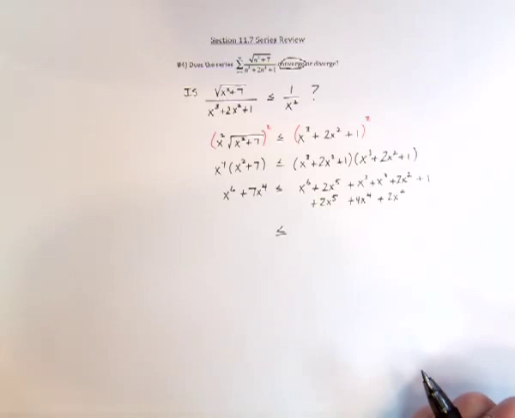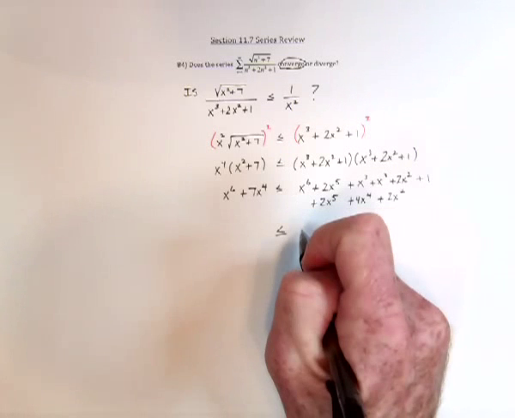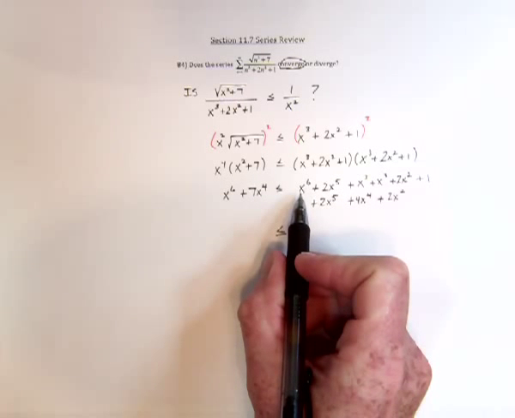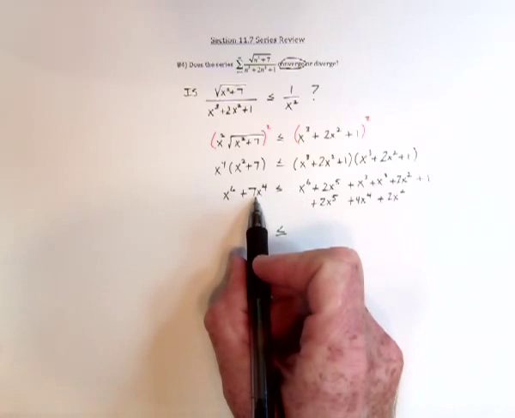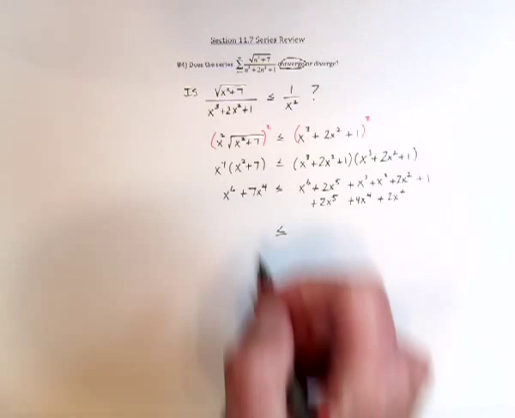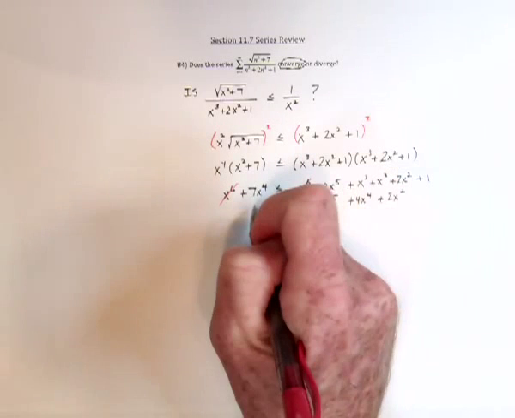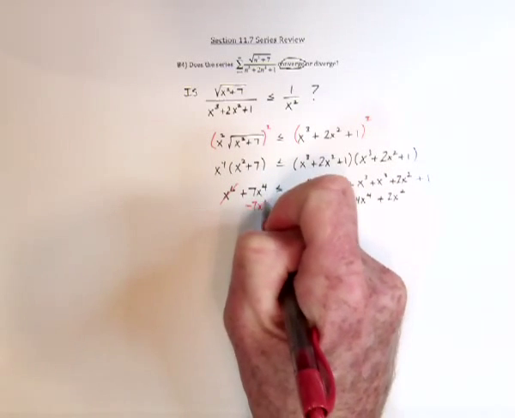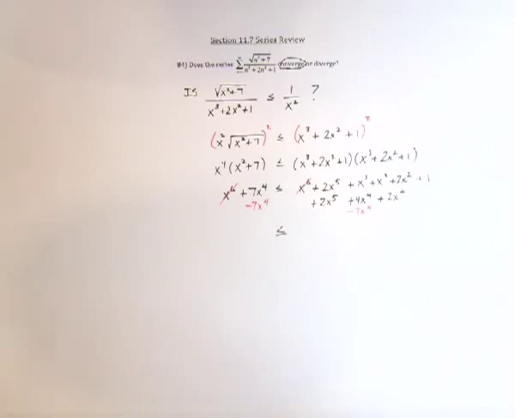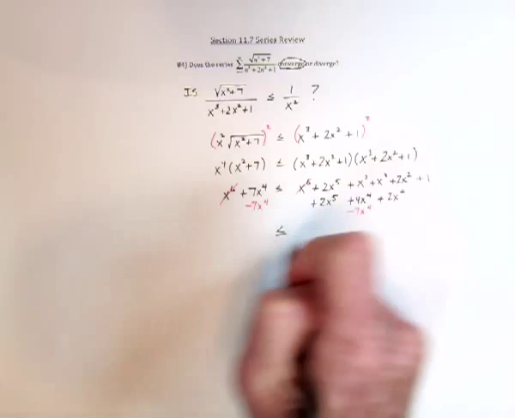Who's afraid of algebra? Oh look, x to the 6th and x to the 6th would cancel. And in fact you could move this 7x to the 4th over here. So let me cancel these and subtract 7x to the 4th. And what remains? We've got 0 over here.